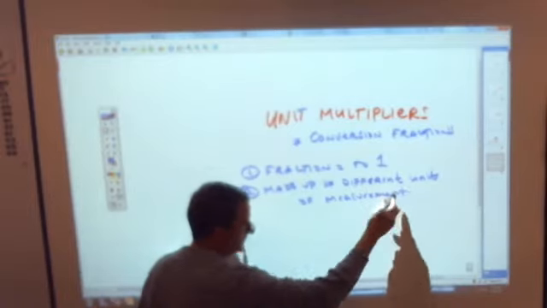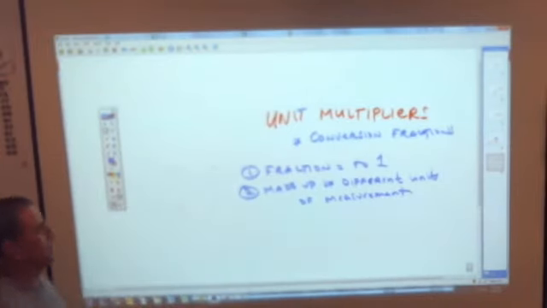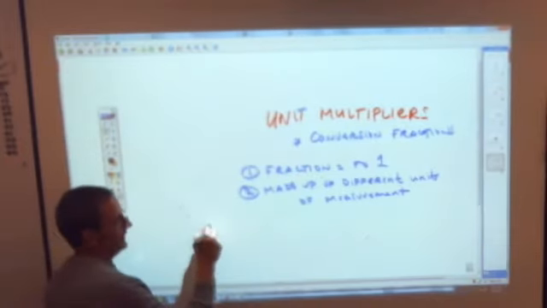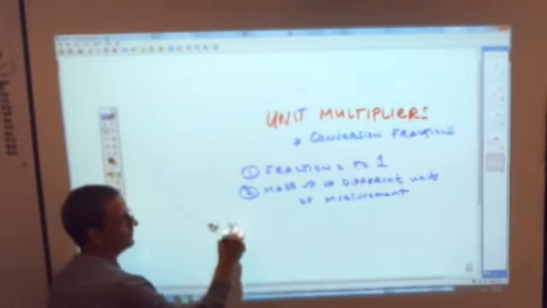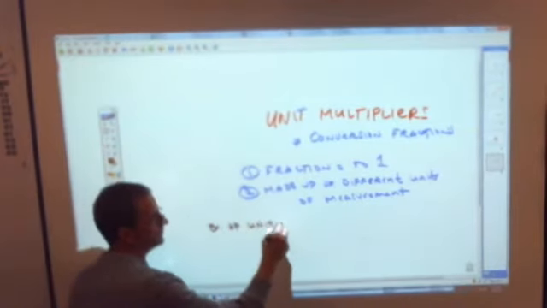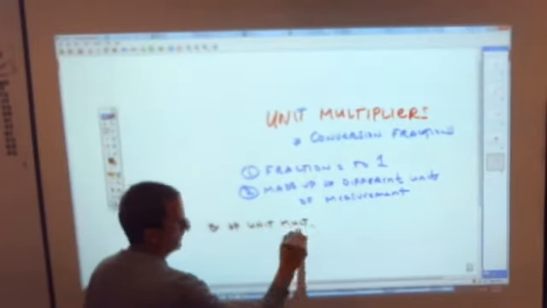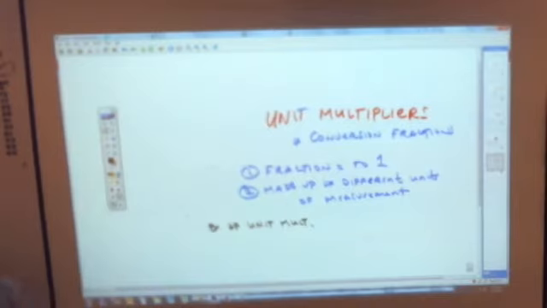It's going to take us a while to get to the actual doing of something here, but this is a unit multiplier. Examples of unit multipliers. If you can just think of two equal measurements that use different labels, that is a unit multiplier.